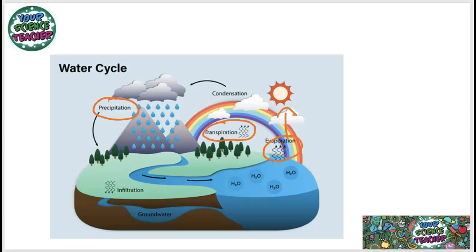Now, some of that water is used up by trees and other plant species. However, a lot of it filters into the ground. We call this infiltration, and some of it gets stored in groundwater. But a lot of it travels through rivers all the way back to the ocean, where this cycle repeats itself again.